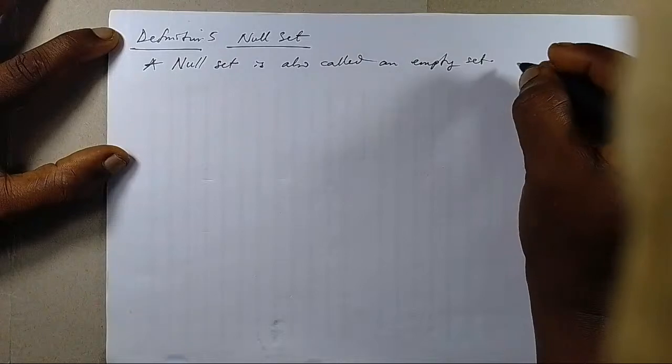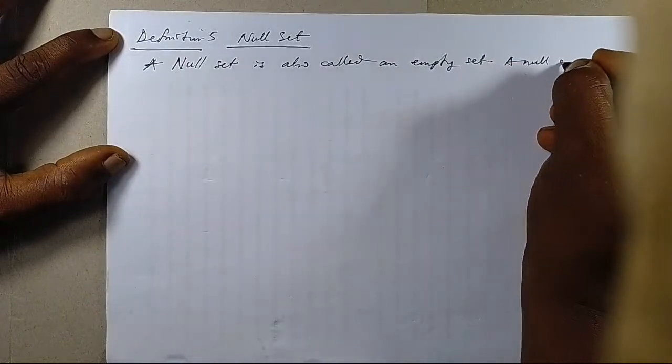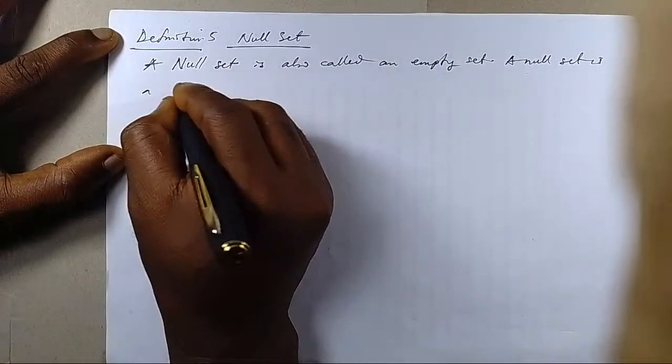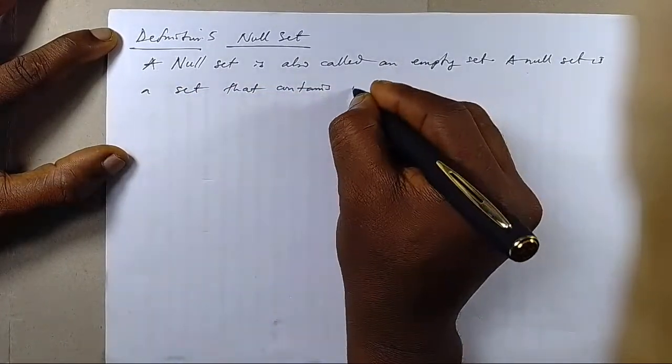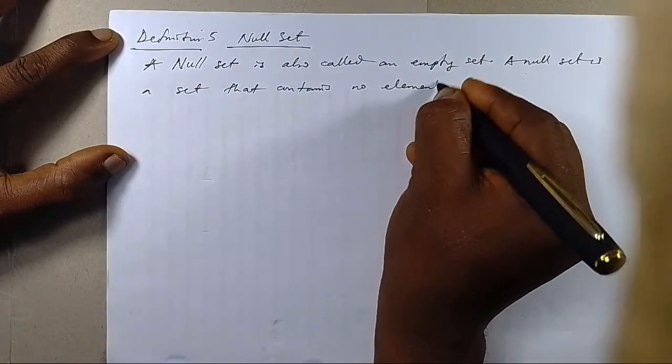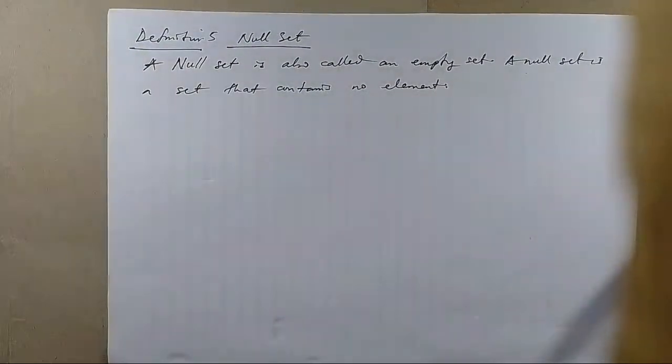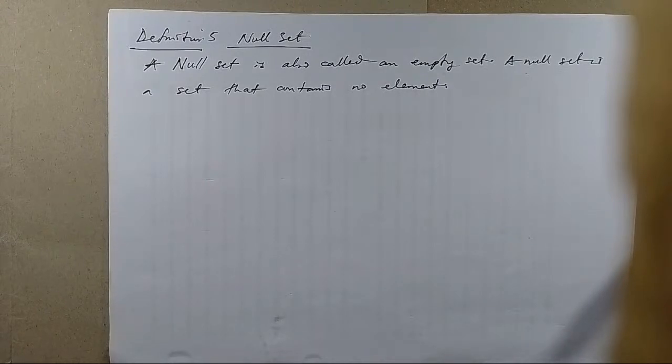You can put the definition clearly by saying a null set is a set that contains no element or member. So if a set contains no element at all, that set is called a null set. If you don't want to call it a null set, you will call it an empty set. So empty set or null set refers to one and the same thing. They are sets that contain no element.